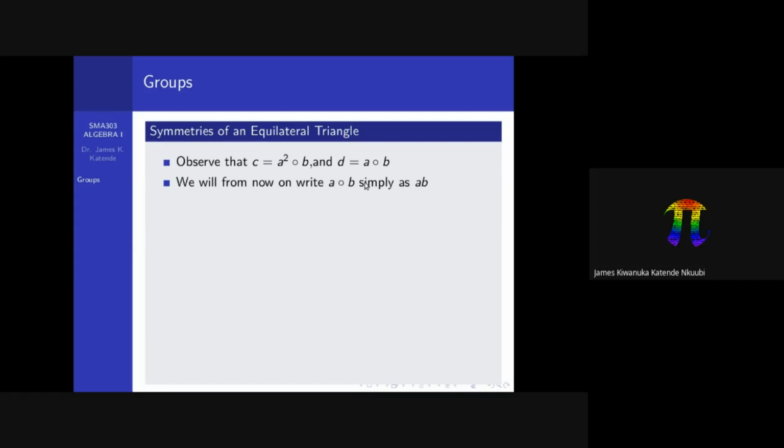And also, just to make our work easier, this composition of A and B, this A of B, we simply write it as AB. That's just for convenience. But anytime you see AB, you should remember that it is a composition of A and B, and the order of the composition is from right to left. B acts first, followed by A.